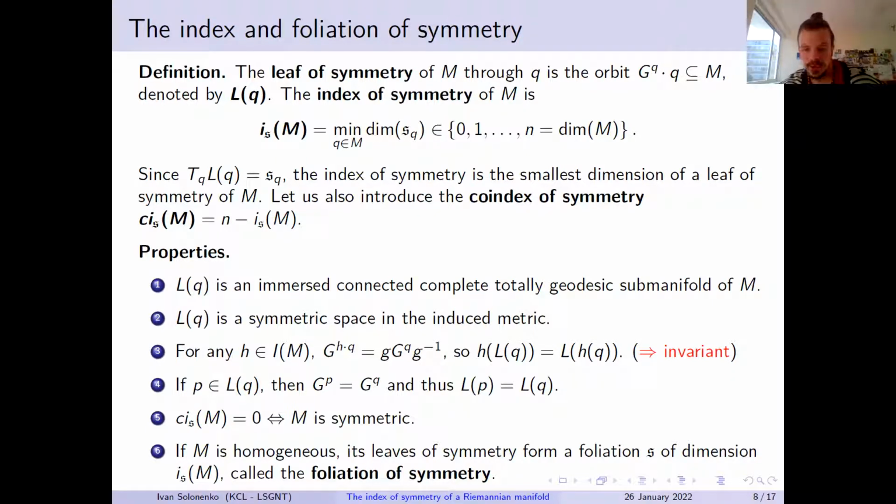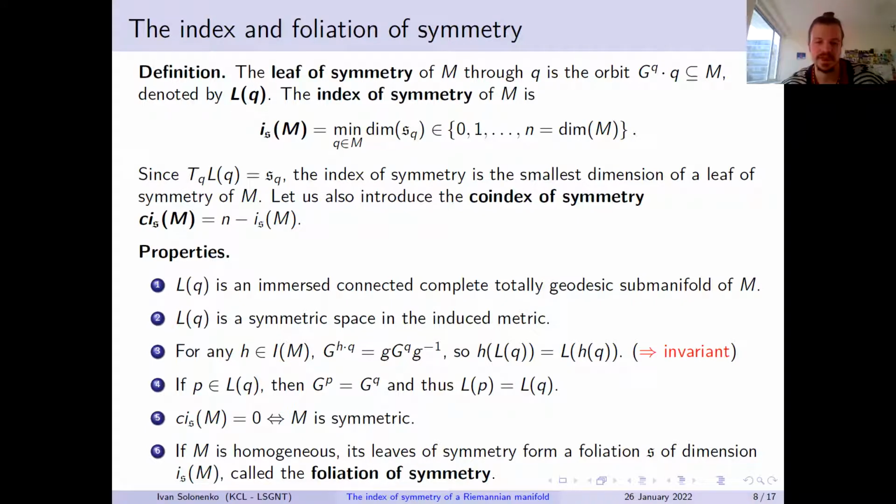Okay, so now the point is we want to compute this foliation of symmetry explicitly, and the index of symmetry, for some Riemannian manifolds, hopefully for all of them. For all of them, it's probably unfeasible, but it's easier to compute where your Riemannian manifold is homogeneous.